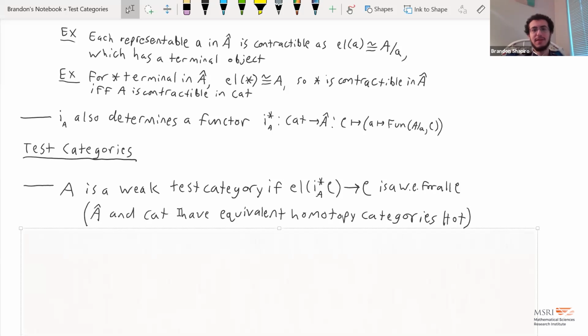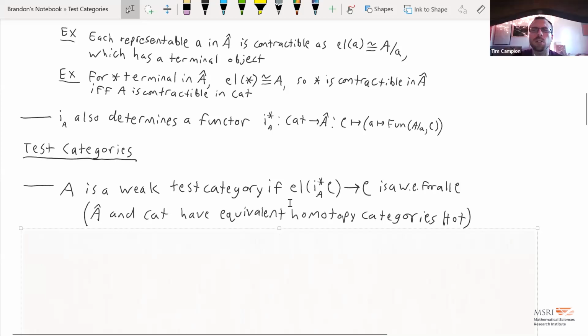Now, furthermore, I would have to go to the homotopy category and show full faithfulness and so on. But this hopefully, Brandon, yeah.